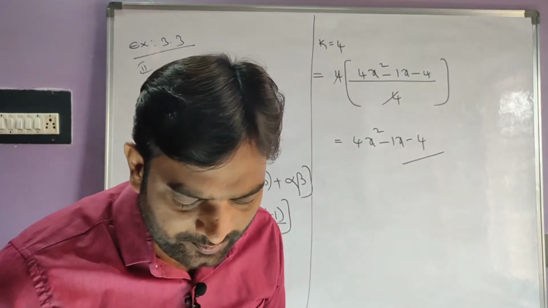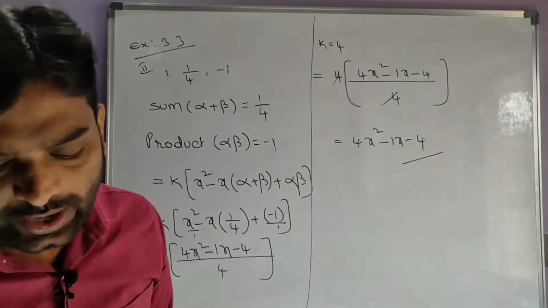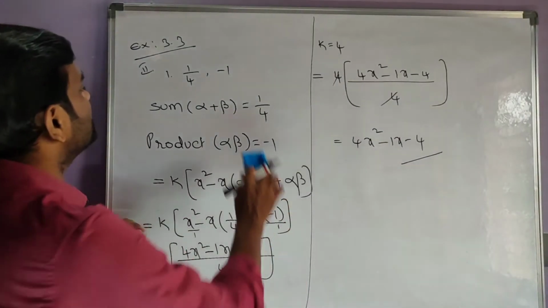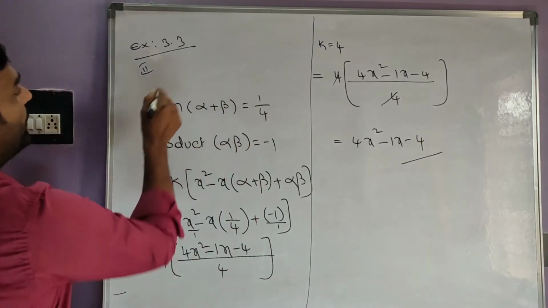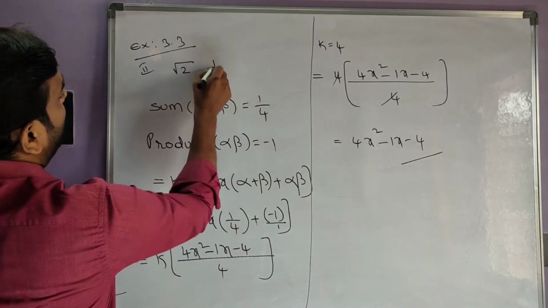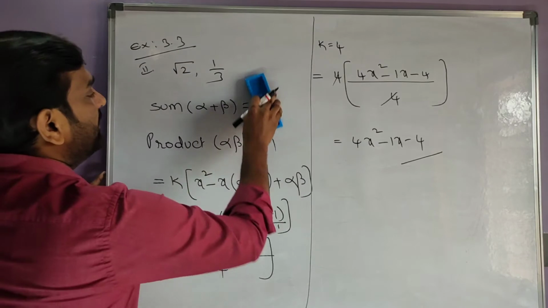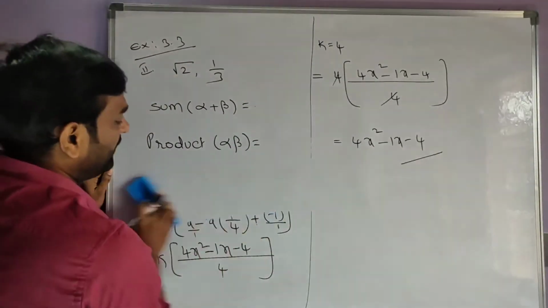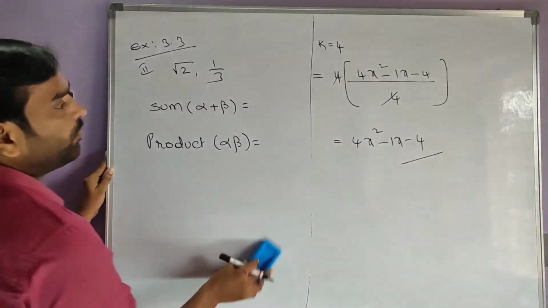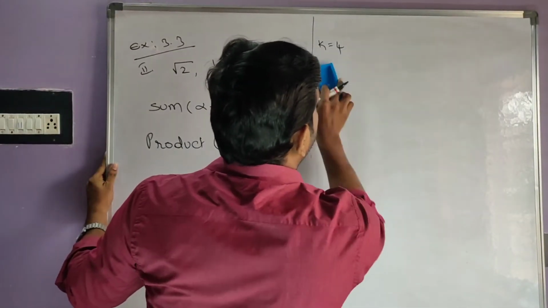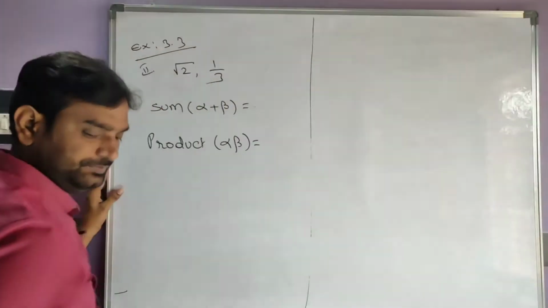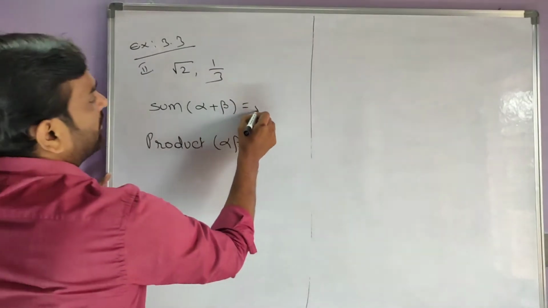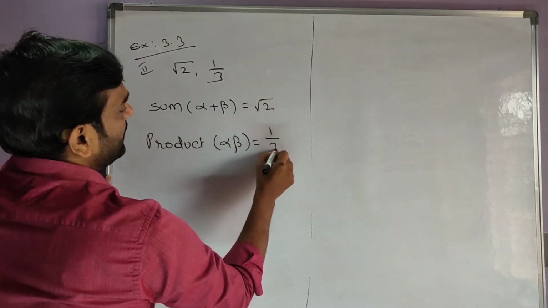We'll try another problem. Second problem is given root 2 and 1 by 3. These are the sum and product. Then find the quadratic polynomial. Sum is root 2, product is 1 by 3.